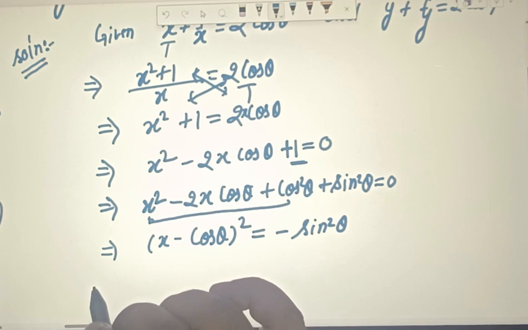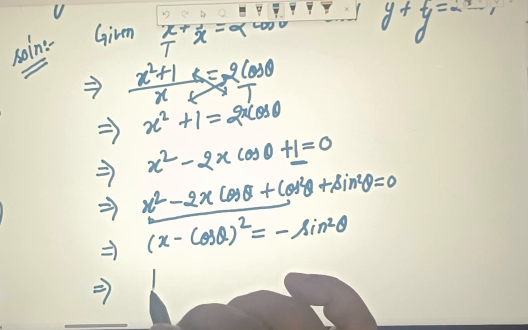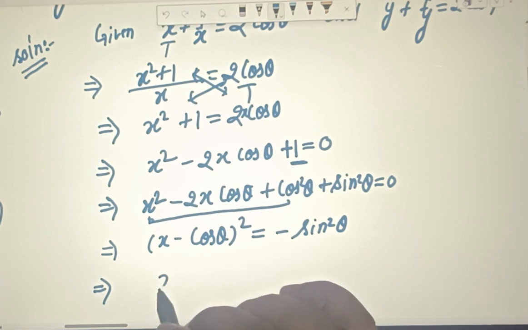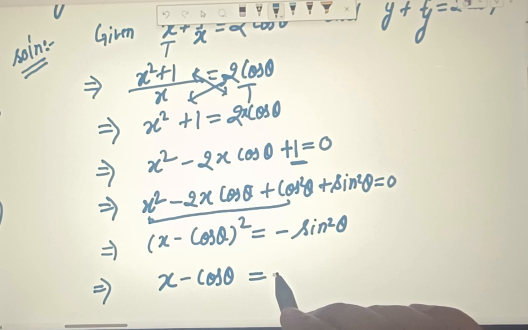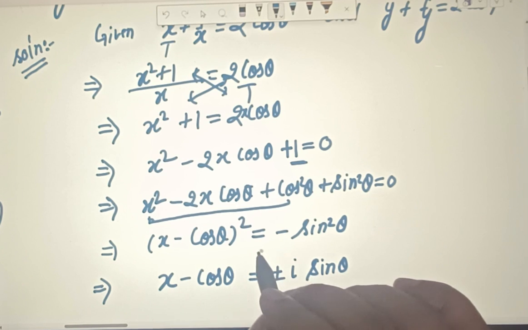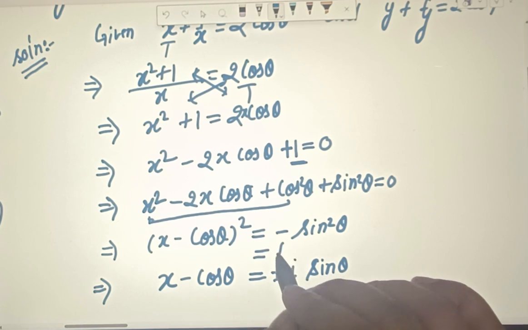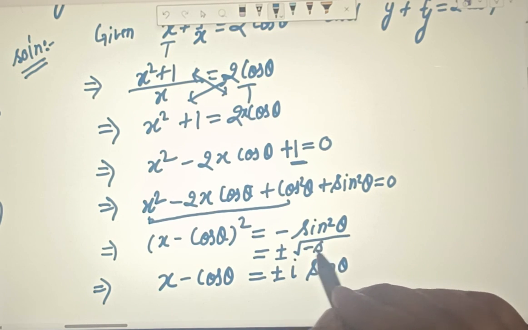Now taking the square root of both the sides, you will get x minus cos theta is equal to plus minus iota sin theta, because when you take the square root of both the sides, you will see plus minus minus sin square theta.